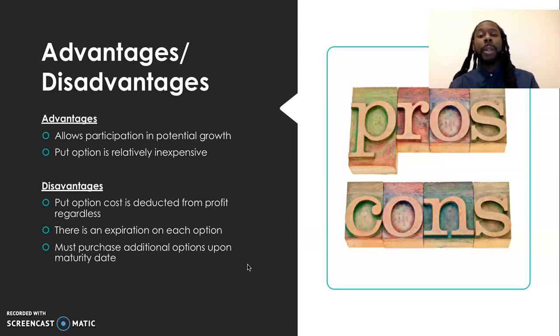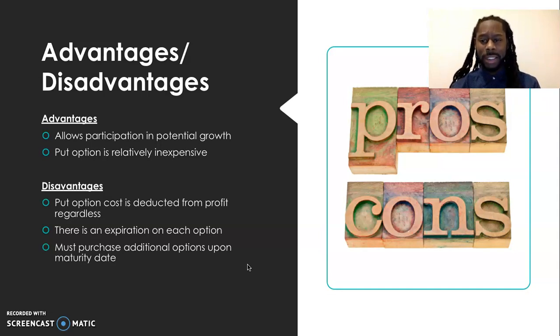The protective put allows you to participate in potential growth based off of the market index volatility. The put option is also relatively inexpensive, so it's a rather cheap way to add another sense of insurance to your portfolio stock.